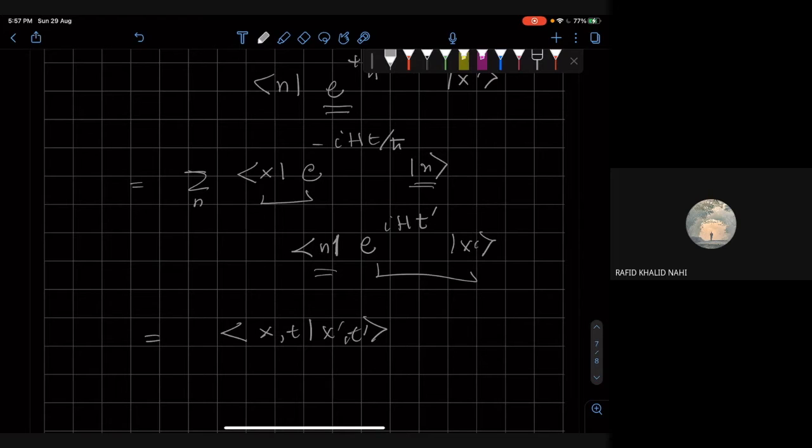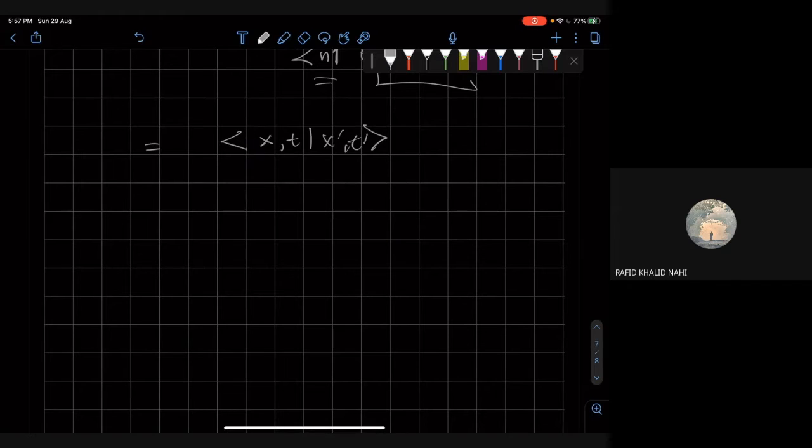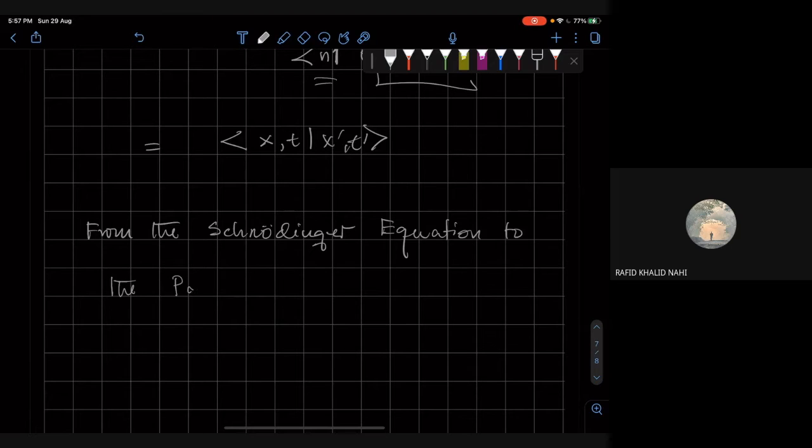Okay, so we had just derived the Schrödinger equation from the path integral. Now I promised that I would show you how to go the other way. That is, from the Schrödinger equation to the path integral.